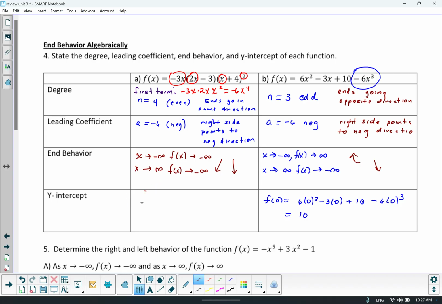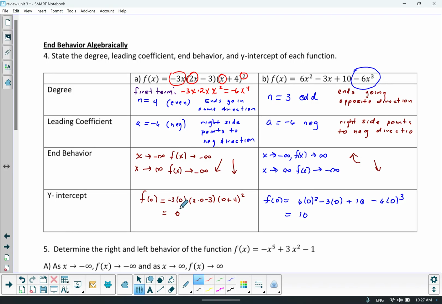The y-intercept, you're going to substitute 0 in. And you're going to see that that just multiplies out to zero, right?